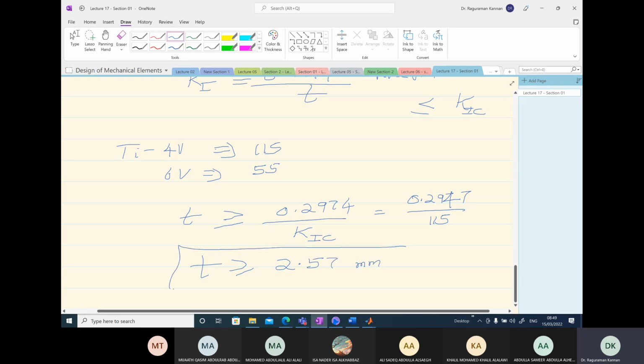Okay, so this is the thickness, minimum thickness, least thickness, which I can select for the material, which is Ti-4V.